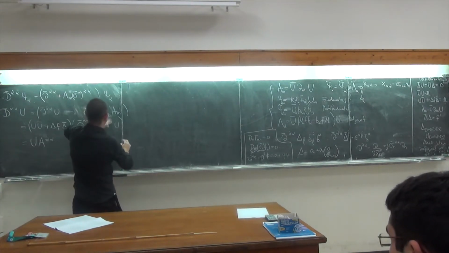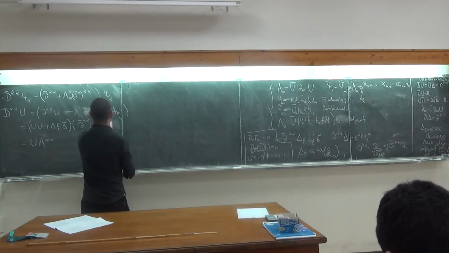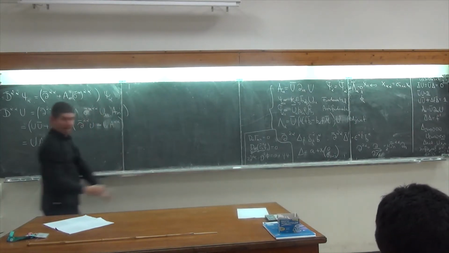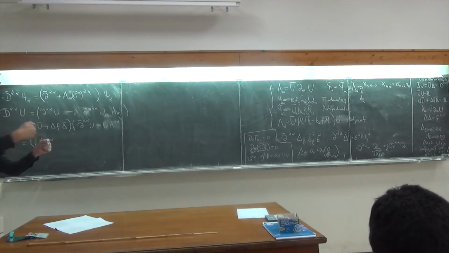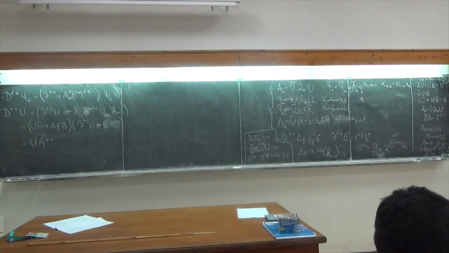And if delta is up to A hat. In other words, you can just read from the index: fundamentals act from one side and anti-fundamentals act from the other side. Okay?